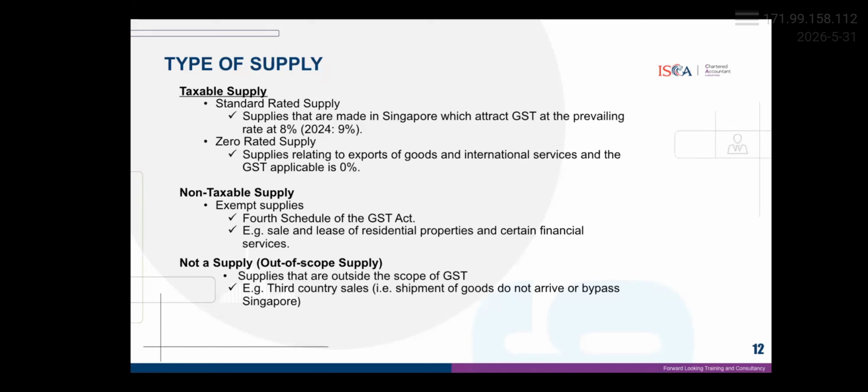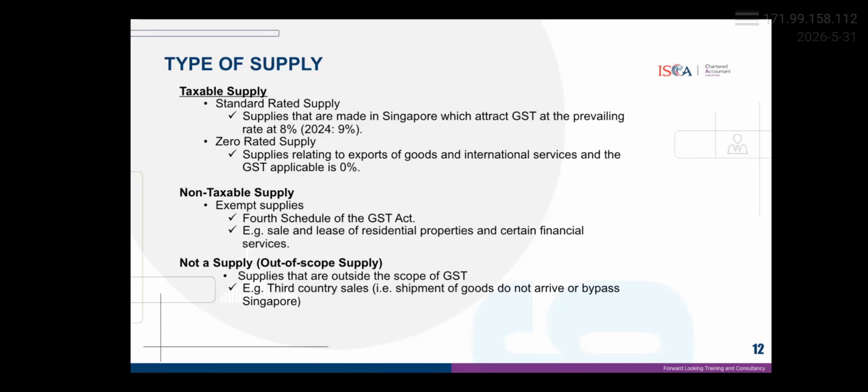When we have ascertained that a transaction constitutes a supply, then we need to ask the second question: what type of supply is this? The type of supply will determine whether that transaction attracts GST or not, and the percentage of GST to be applied.